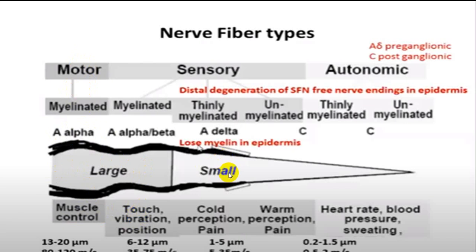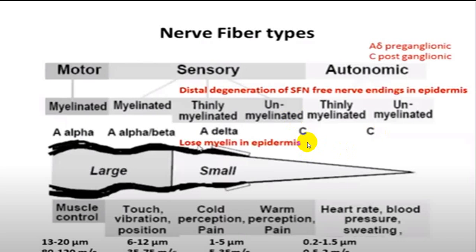While small fibers are thinly myelinated fibers, which belong to the sensory system, for pain and temperature. Pain fibers and temperature fibers are a good number of times unmyelinated, and autonomic fibers are usually unmyelinated, and they are called C fibers.